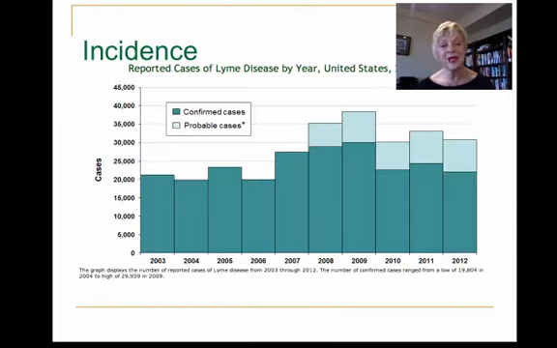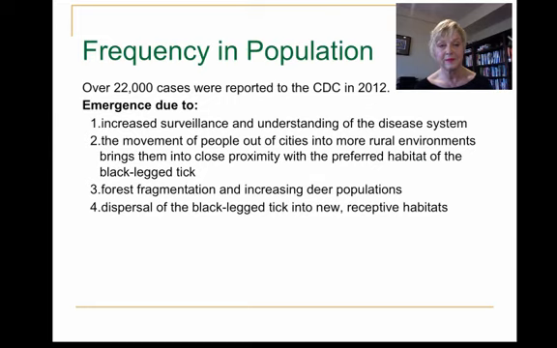The incidence of Lyme disease has remained about steady over the last 10 years, varying often with how dry it is, so the incidence of ticks, exposure by individuals, and migration of deer populations, which often carry the ticks. Over 22,000 cases were reported to the CDC in 2012.